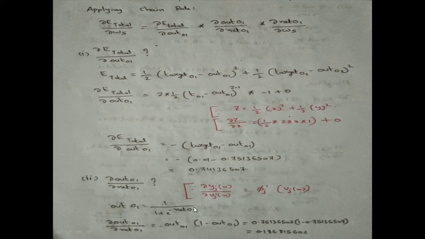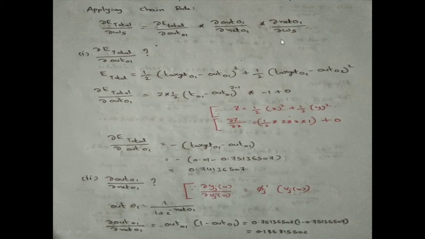Okay, so now the derivative of this particular function will give us the output value of the output neuron 1 into 1 minus the output value of the output neuron 1. So these values we already know, that is, the output value of the output neuron 1 we already know. So by applying these values we got a value of 0.186815602, that is, we have calculated the second term.